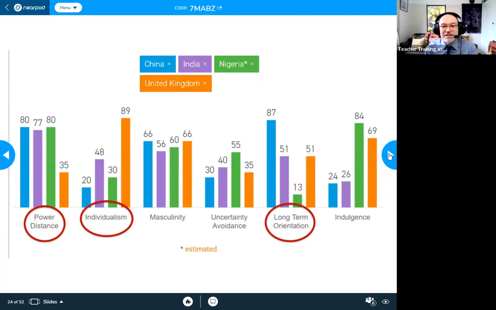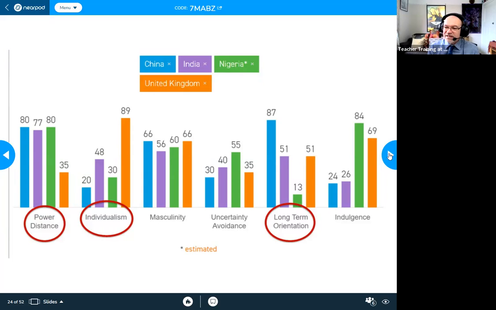Which, as countries, makes them quite effective because their communication is much better for that. So power distance is the kind of relationship you would have with a manager. It's the relationship you have with leaders, managers, politicians.